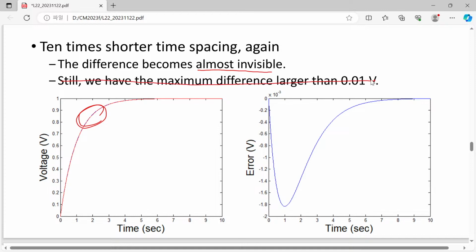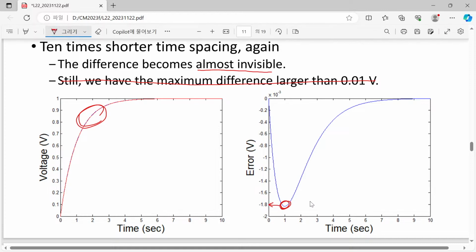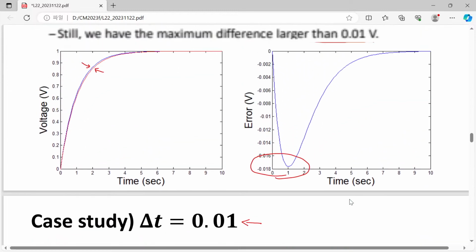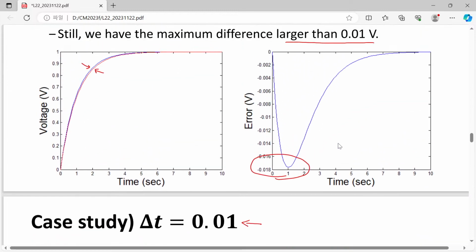We have to say this maximum absolute difference now becomes about 1.8 times 10 to the minus 3 volt. So can you write down the difference? In this case, its value was 18 times 10 to the minus 3 volt, 18 millivolt.